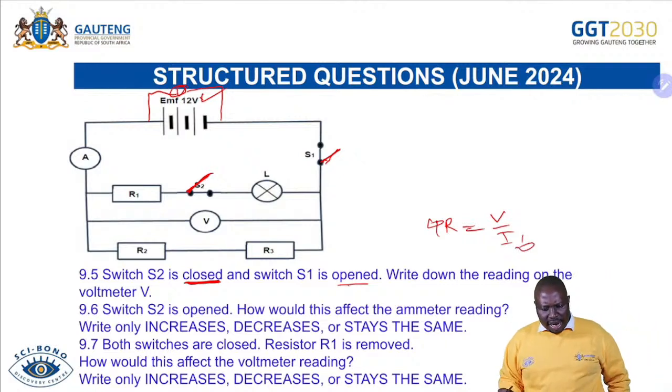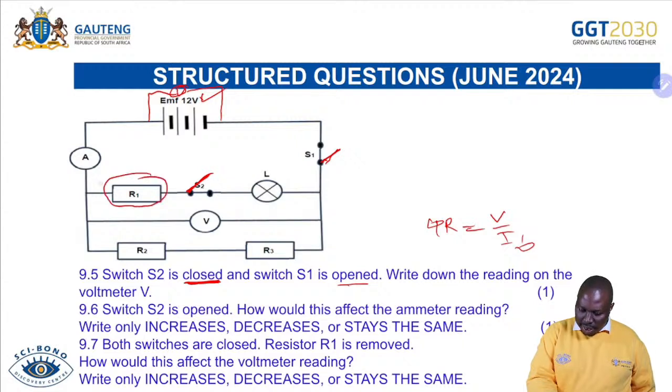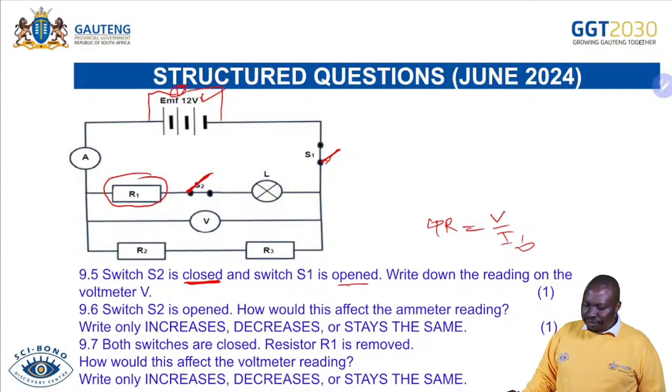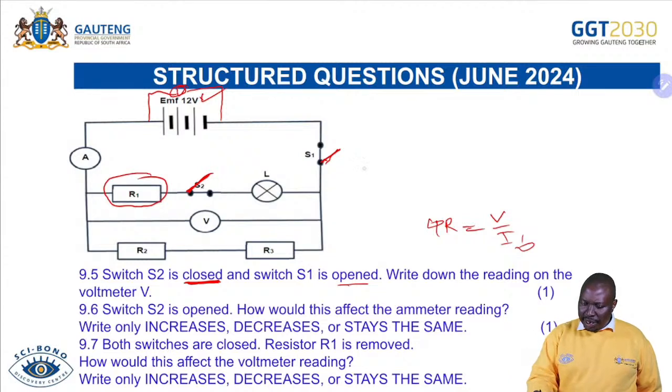It will decrease. And then both switches are closed. Resistor R1 is removed, so we're removing only this one. How will this affect the voltmeter reading? Will the voltmeter reading increase, decrease, or remain the same? Remember what is happening.